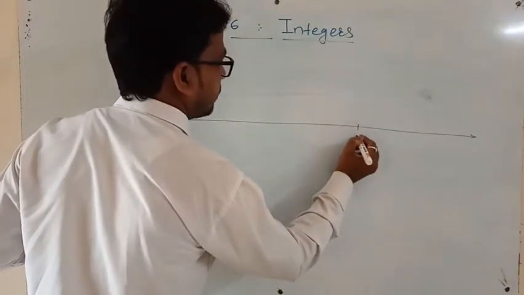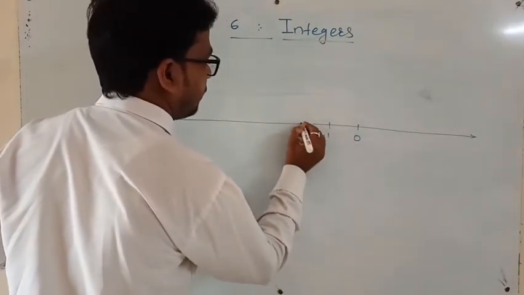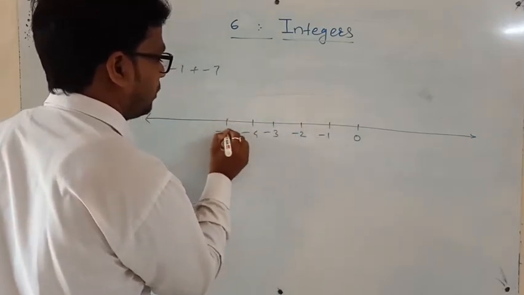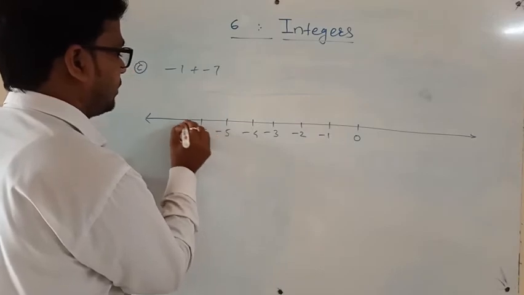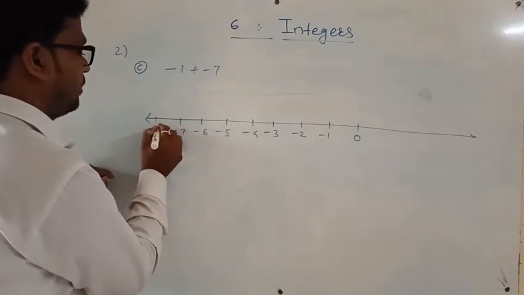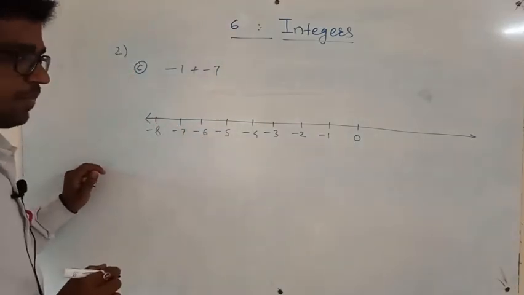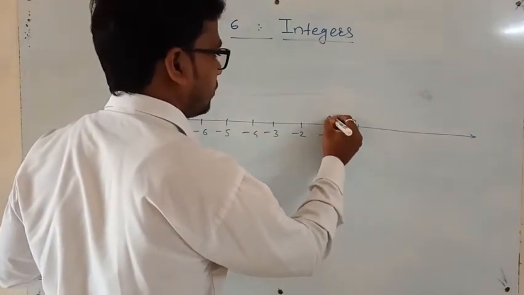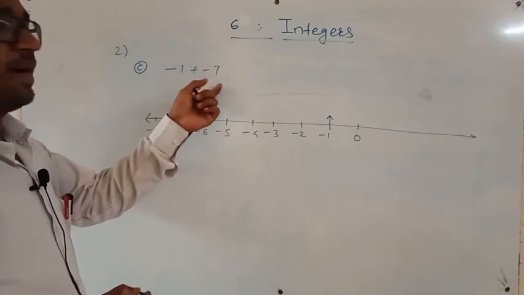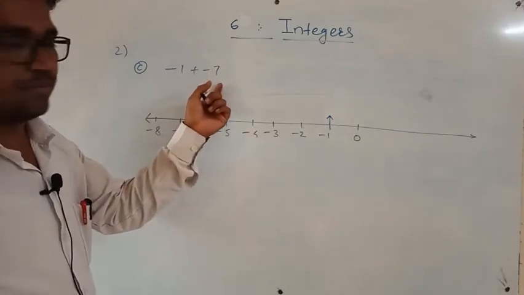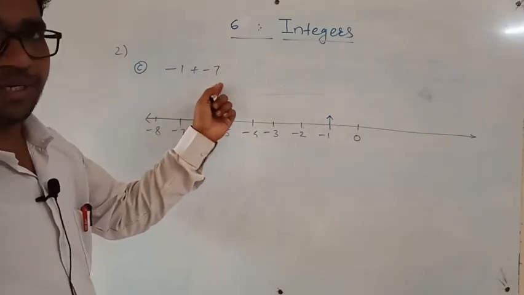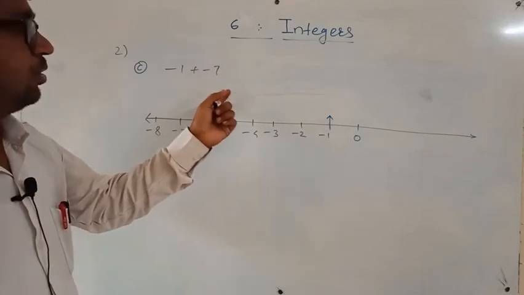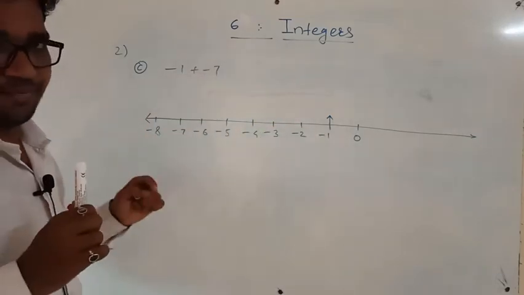So start with 0, negative 1, negative 2, negative 3, negative 4, negative 5, negative 6, negative 7, negative 8. Now here negative 1 is there, and we have to add negative 7, so we move to the left.